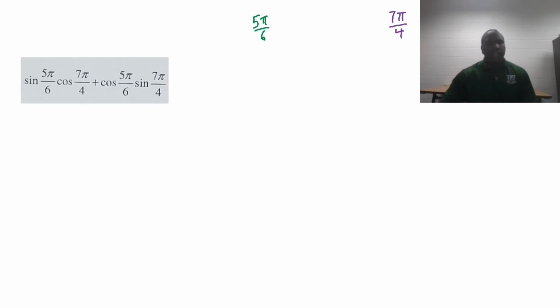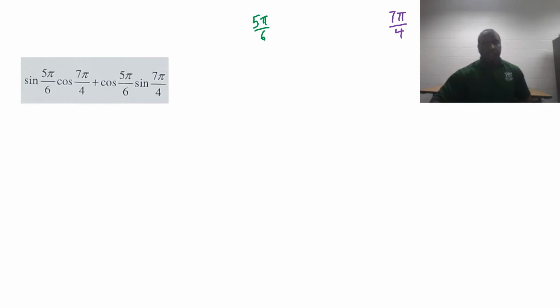If we go back to the unit circle, you'll see that these special angles, 0, 30, 45, 60, and 90, in radians would be 0, pi over 6, pi over 4, pi over 3, pi over 2.